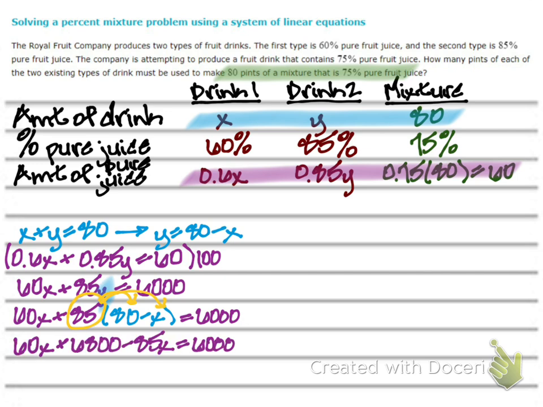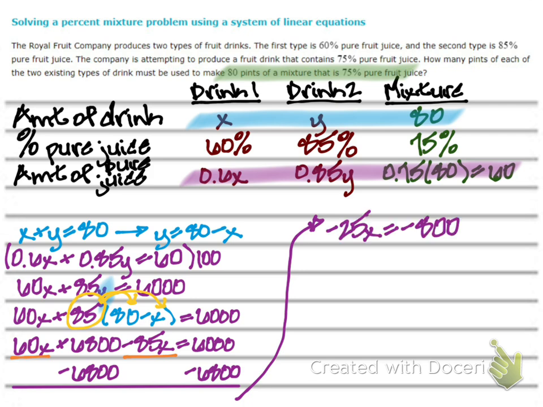So there we go. And I need to subtract 6,800 from both sides. And I also have a couple of like terms here that I'll combine, which gives me negative 25x is negative 800. Dividing both sides by negative 25, I get that x is 32. And that's pints, right?